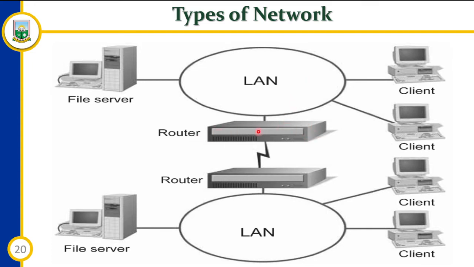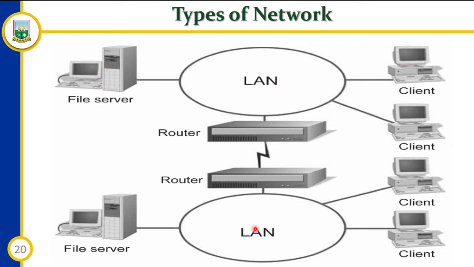You will need what we call the router. This is the router. I told you that a router moves traffic from network devices in its local area network to another network. So the whole of this is a local area network.